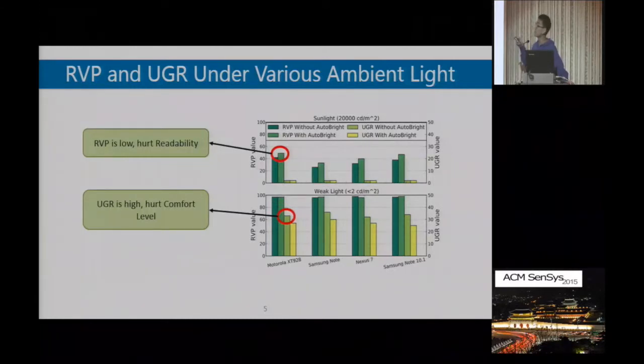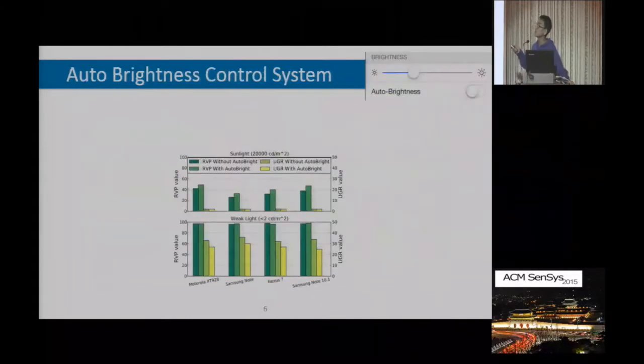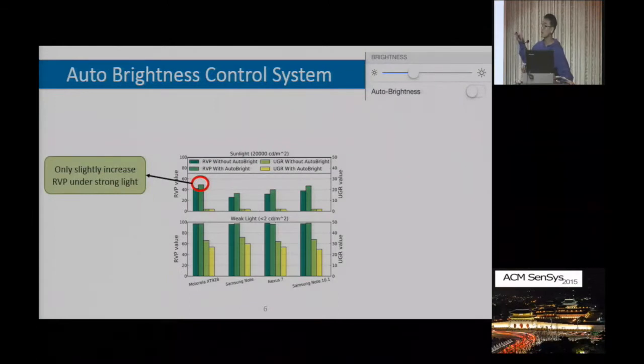So let's come back to the original question. How can we change this annoying situation? The existing solution is the auto brightness control system. It's like this one, which we are familiar with. It can raise the backlight when the ambient light is strong, and lower it when the ambient light is weak. But our survey found that it does improve the experience, but only slightly.